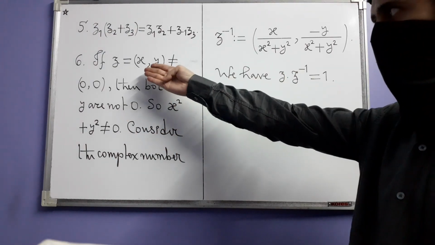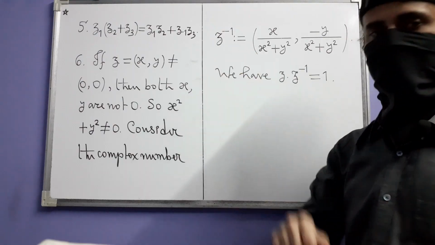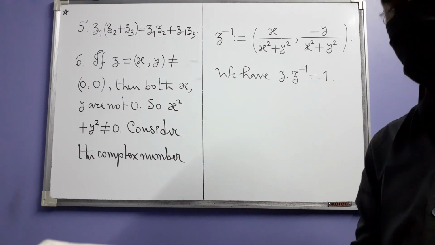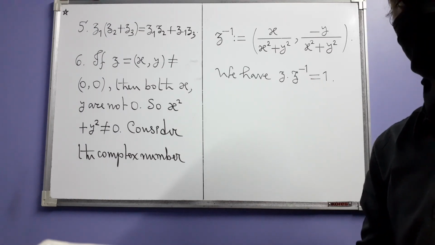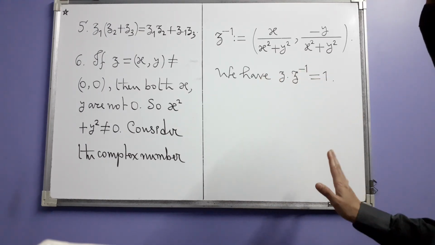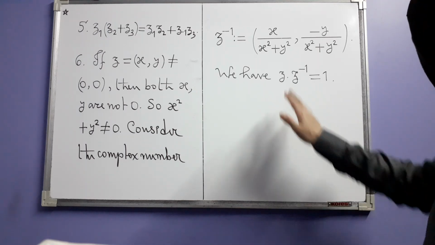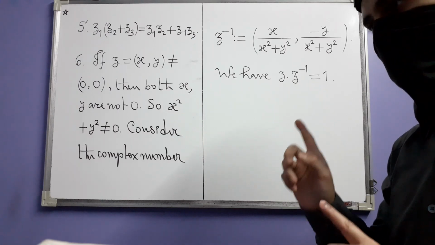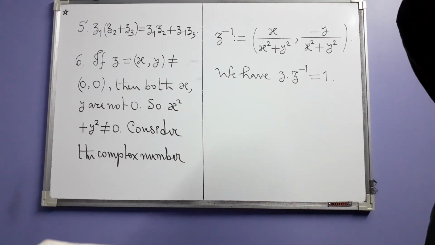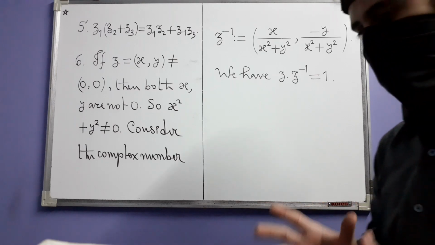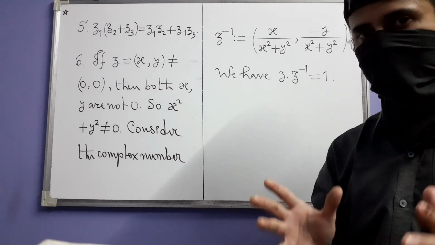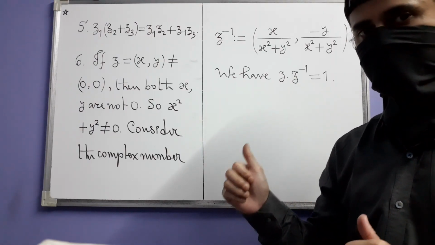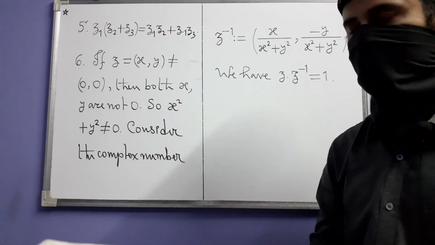That means every non-zero complex number has a multiplicative inverse, just like every non-zero real number has a multiplicative inverse, which is its reciprocal. Here it's not quite the reciprocal, or if you want you can call it reciprocal, but it's much more complicated. Still, the same thing is true here. So whatever algebraic properties the system of real numbers has, the exact similar algebraic properties the system of complex numbers also has.